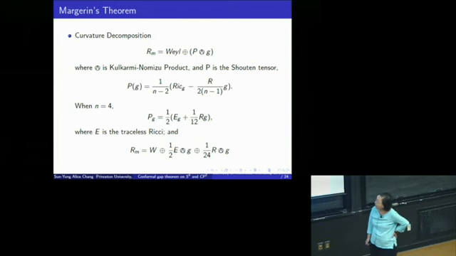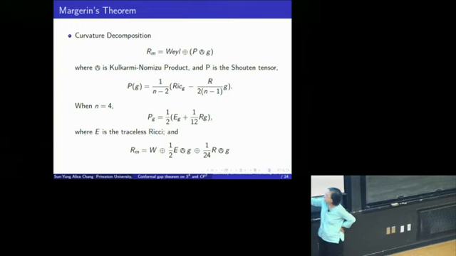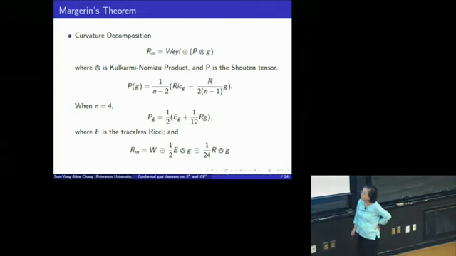One is the Weyl curvature part, and the other is what we call the Schouten tensor part. The Schouten tensor is a combination of Ricci and scalar, a very special decomposition. It's Ricci minus a multiple of the scalar. And then the curvature Rm is decomposed into 2 parts.